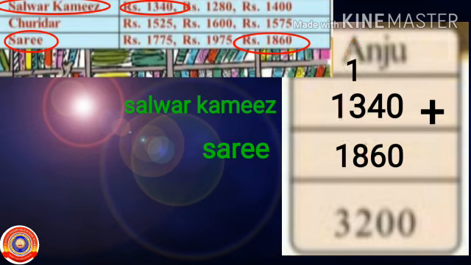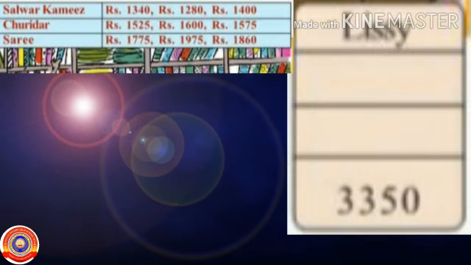For 12, 2 here and 1 is to be carried in the thousands place. 1 plus 1, 2. Plus 1, 3. 3,200. So, we can say that Anju bought these two dresses with the 3,200 rupees. Next, Lizzie. Lizzie spent 3,350 rupees. Which are the two dresses Lizzie bought for these 3,350 rupees?